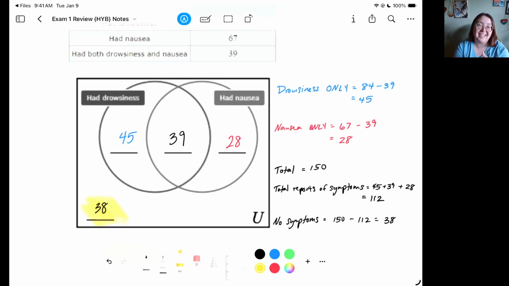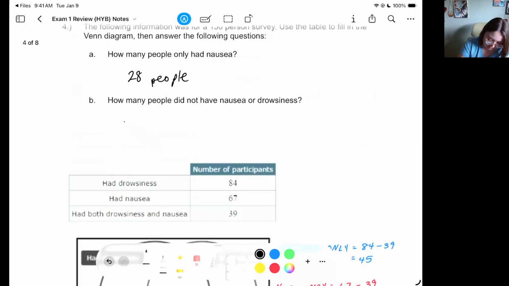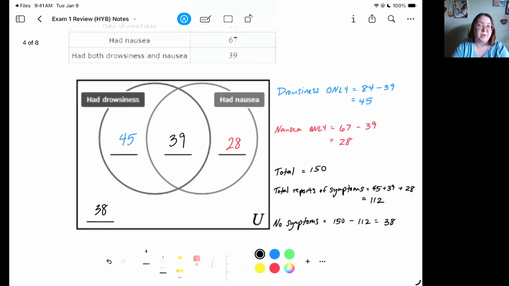They're outside of the sets, meaning that they did not have those symptoms. So the number of people that did not have nausea or drowsiness was 38 people. So there we go. In these types of problems, filling out your Venn diagram first makes answering the questions just that much easier for the rest of your problem.